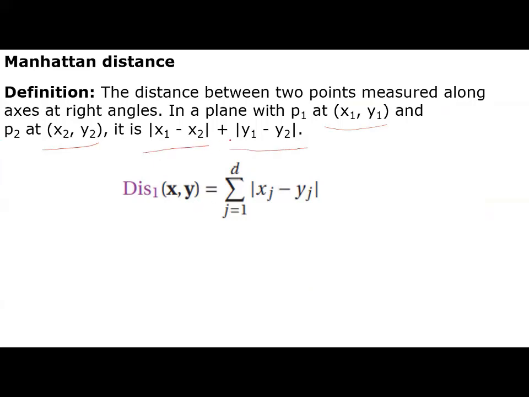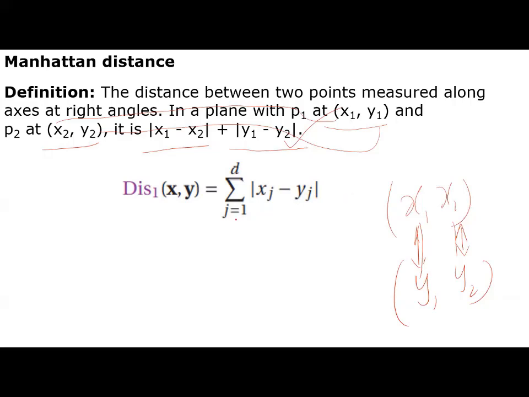This is the normal definition. But here we have taken the points as x1, x2 and y1, y2, so we take x1 minus y1 and x2 minus y2 without squares.